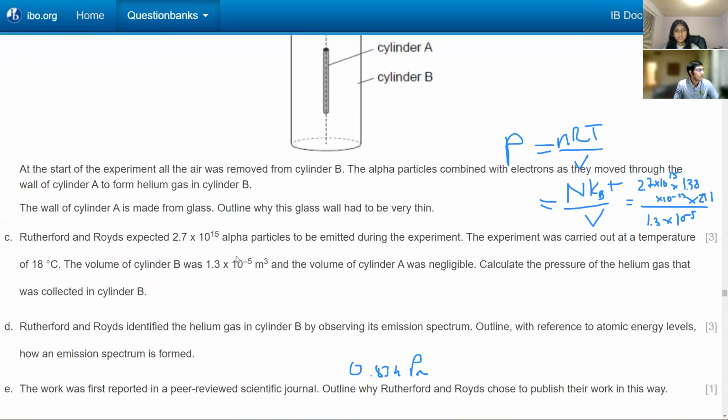Next: they identified the helium gas in cylinder B by observing its emission spectrum. Outline, with reference to atomic energy levels, how an emission spectrum is formed. Emission is when the electron drops energy level.